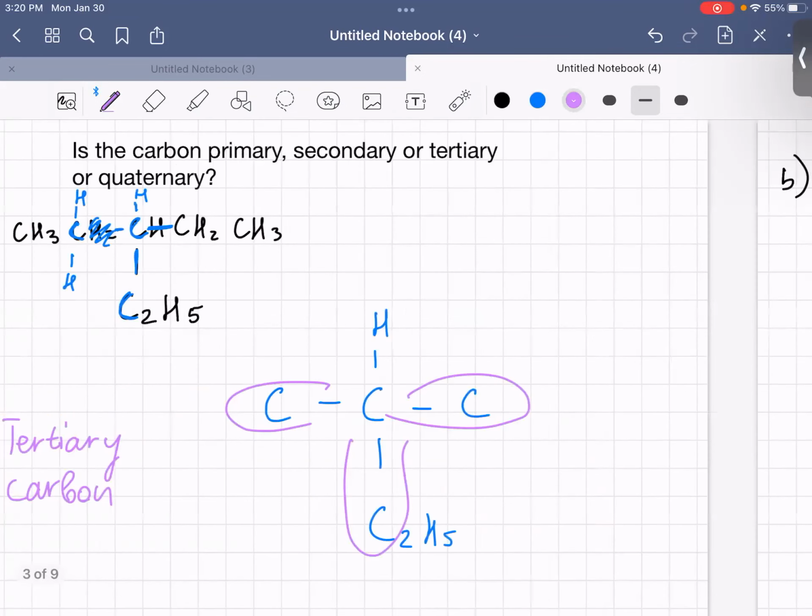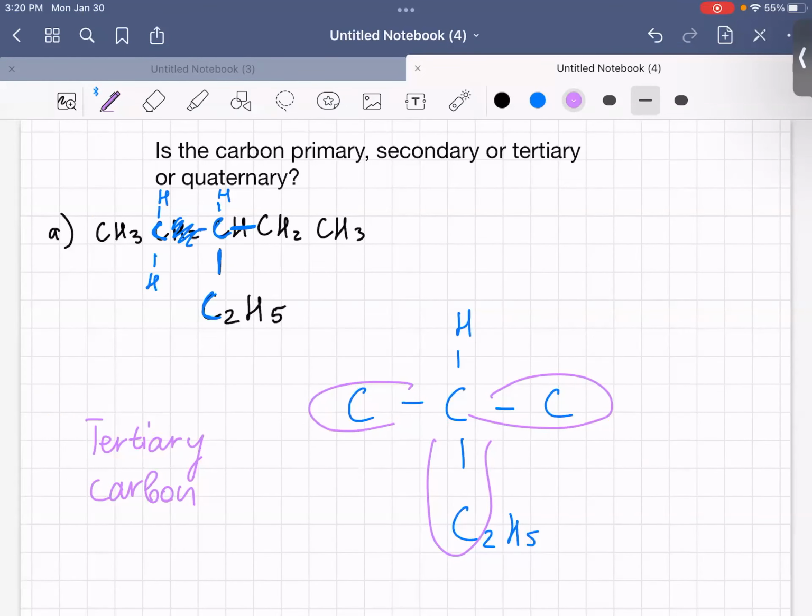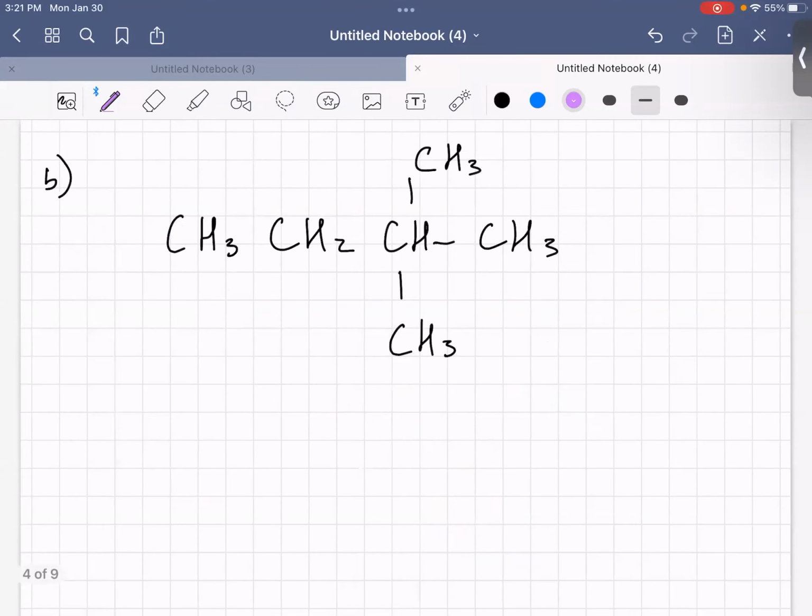So again, the question isn't there. They're asking, is the carbon primary, secondary, or tertiary, or quaternary? So we can just look here. Let's see. So carbon attached to one carbon, attached to this carbon. This can just go like this. Attached to this carbon and to this carbon.